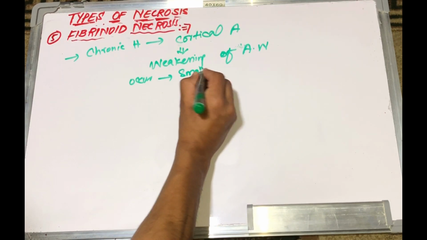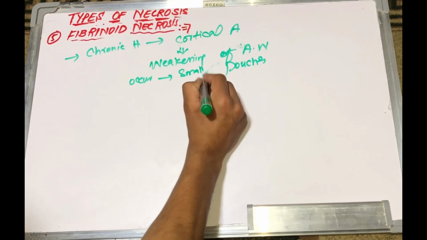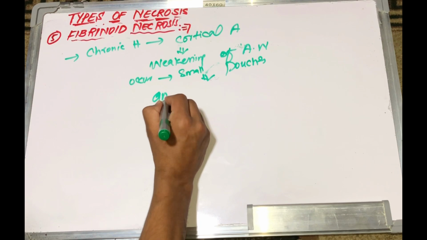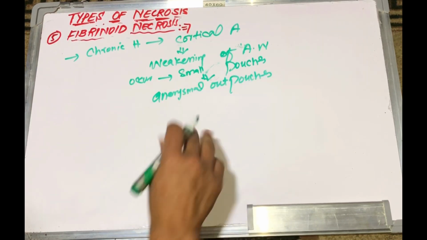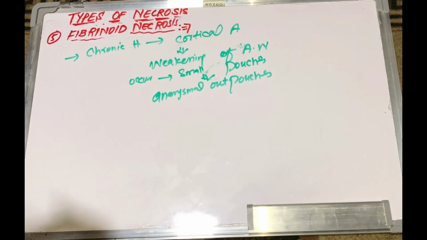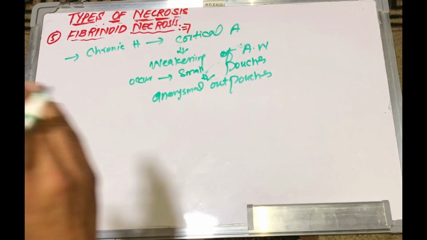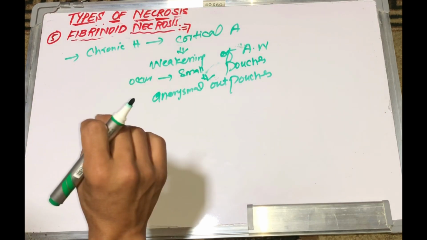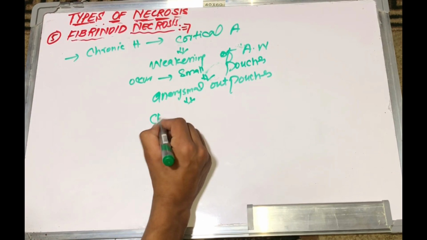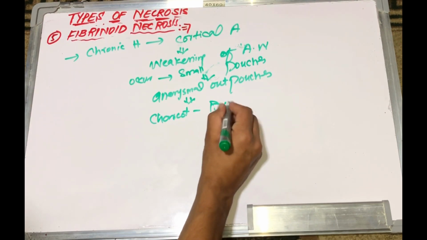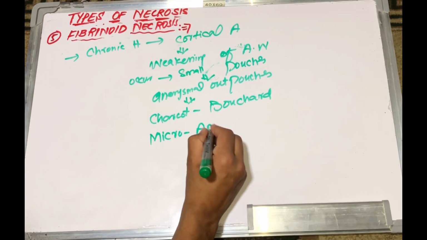There is a formation of small pouches called aneurysmal out-pouches. In chronic hypertension, fibrinoid necrosis occurs in the cortical arteries, as a result of which the arterial wall becomes weakened and small pouches are formed, which are called aneurysmal out-pouches. These are also called Charcot-Bouchard microaneurysms.